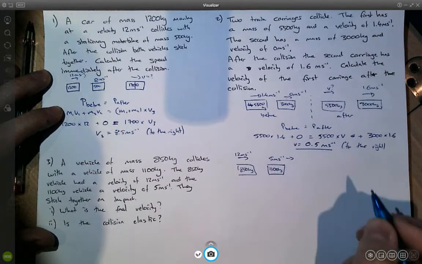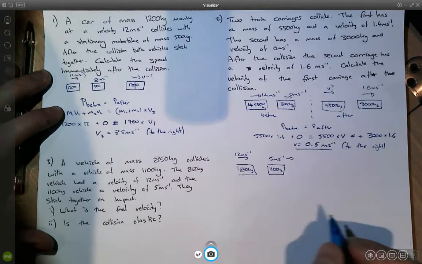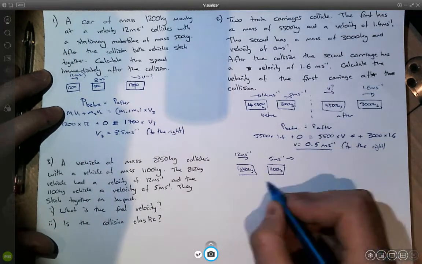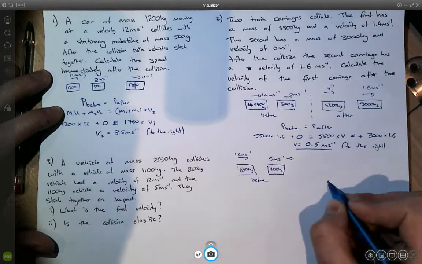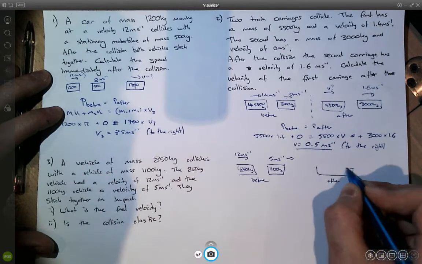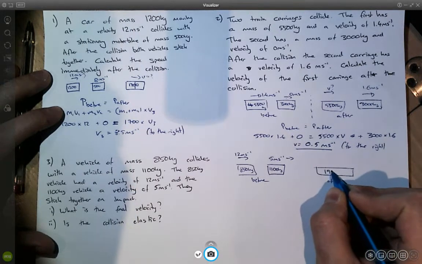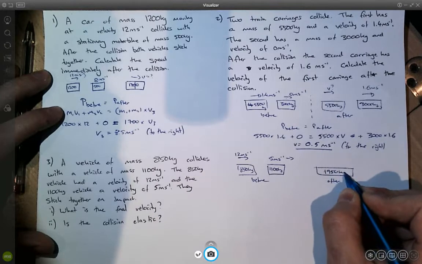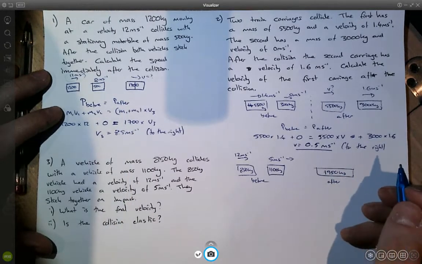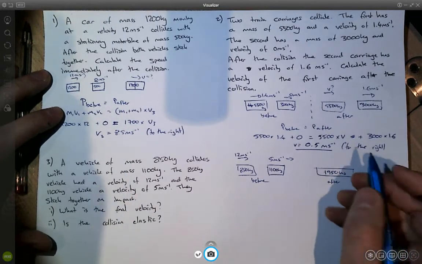Both positive, so they're both in the same direction. And they stick together on impact. So this is before, this is after. So they've got a combined mass of 1,950 kilograms. What is the final velocity?